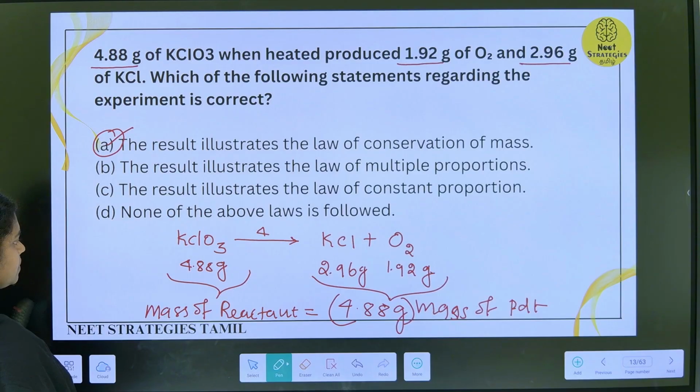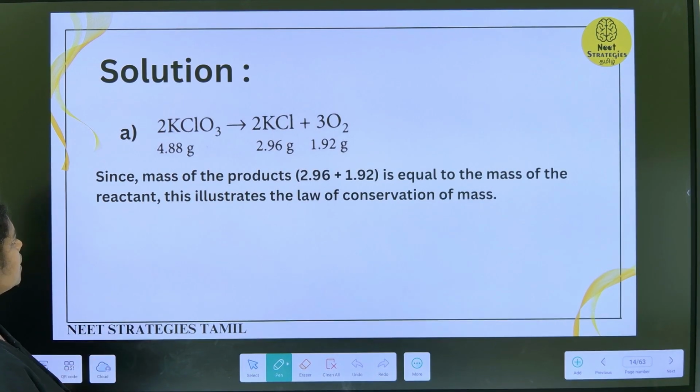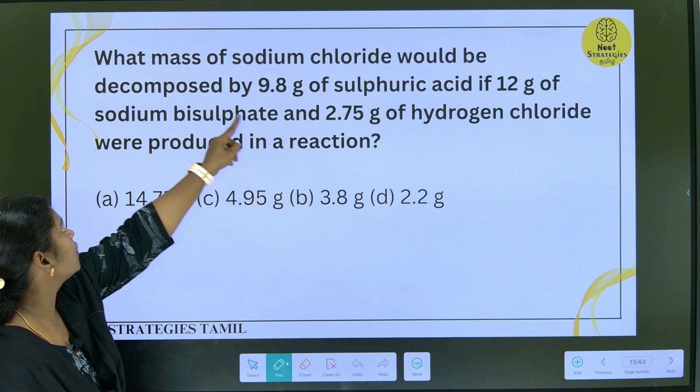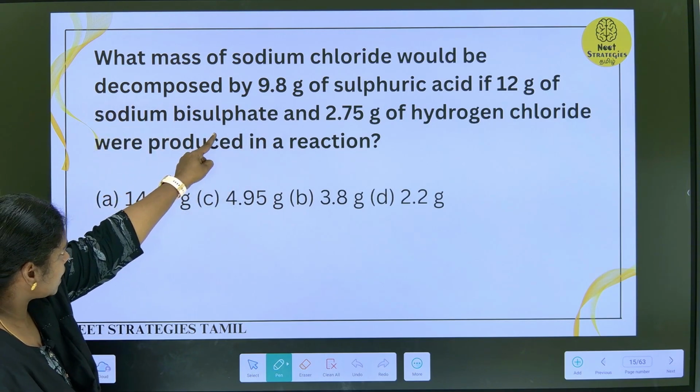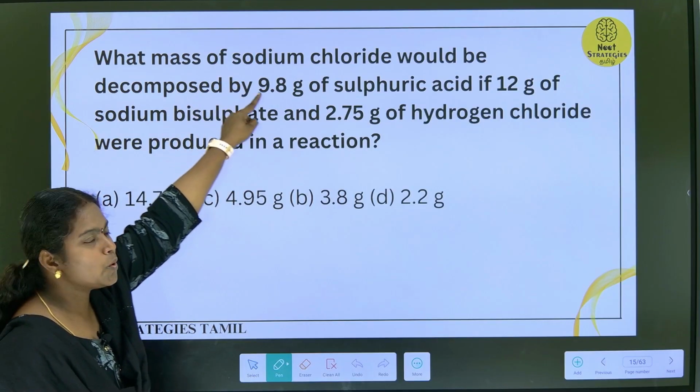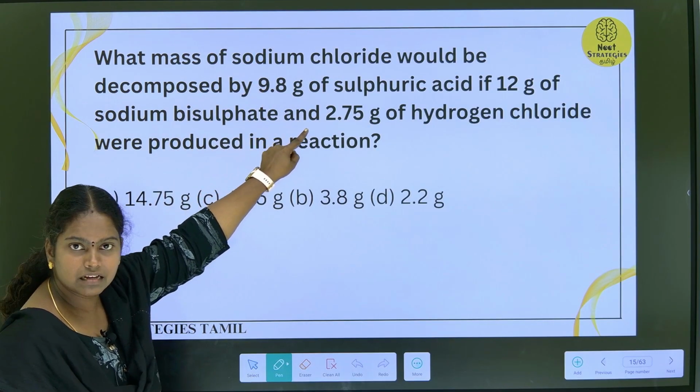Right, next one, look at the explanation. What mass of sodium chloride would be decomposed by 9.8 gram of sulfuric acid? Sodium chloride reacts with 9.8 gram of sulfuric acid.